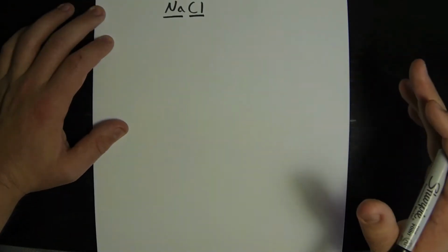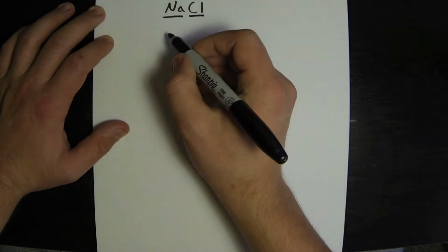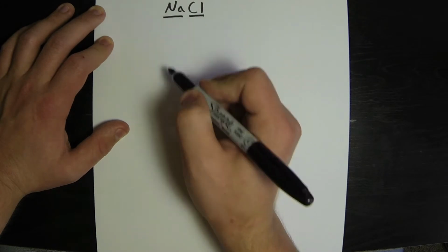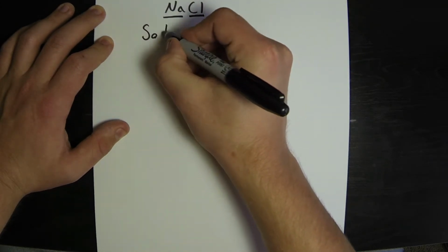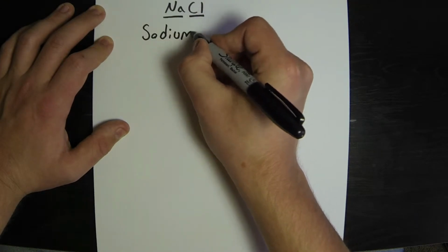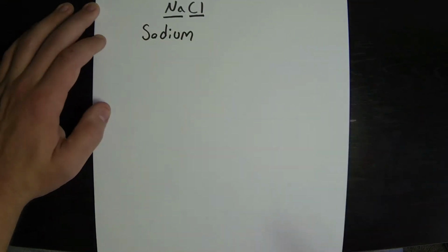What you do first is you write the full name of your metal. So this is going to be sodium. And then we write the first syllable of the nonmetal, and then tack on an "ide", I-D-E, to it.